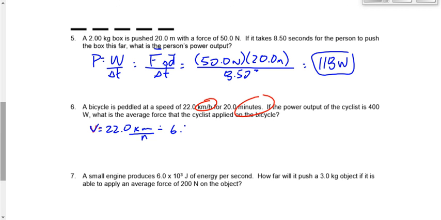Is that exactly 6.1 or 6.111? Good, thank you. And my time interval here is 20 minutes, which we're going to convert to seconds. 20 times 60 gives me 1,200 seconds. The power output is 400 watts. We want to find the average force here.